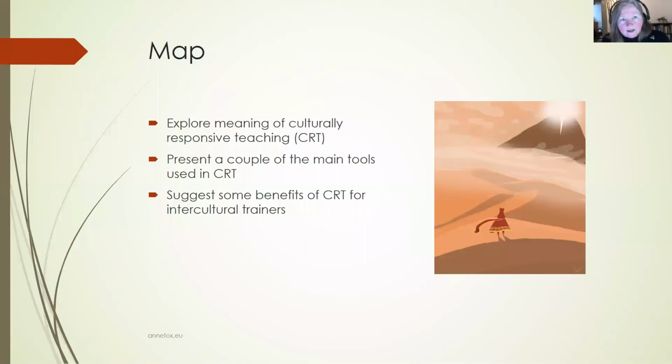I'll present a couple of the main tools that are used in culturally responsive teaching, and then try and tease out some of the benefits which I think might cross over to intercultural training.